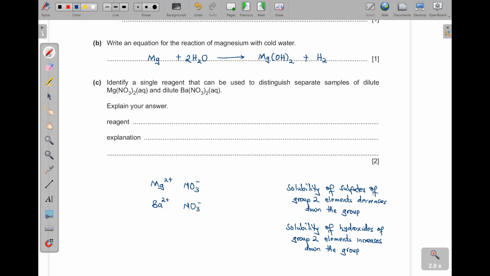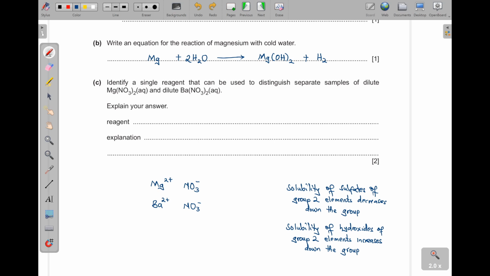Now, that means if I put a sulfate, it will react with the barium and give you a white precipitate. But that sulfate with magnesium will remain there. The magnesium sulfate is dissolved. So I will bring a compound that has a sulfate, for example any soluble sulfate.